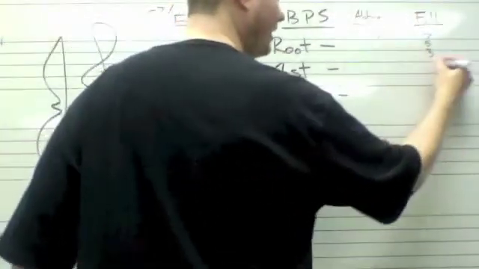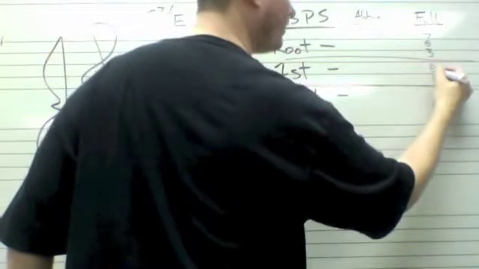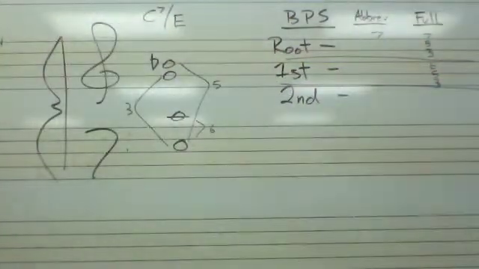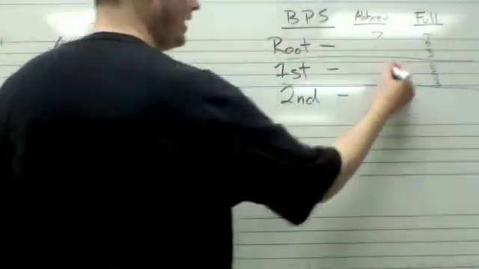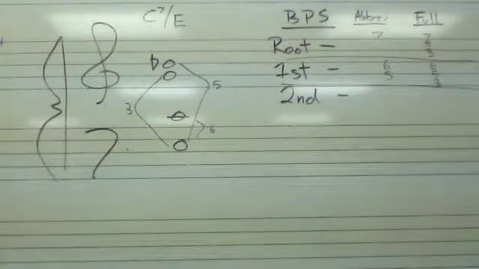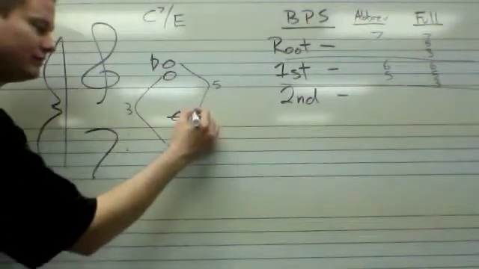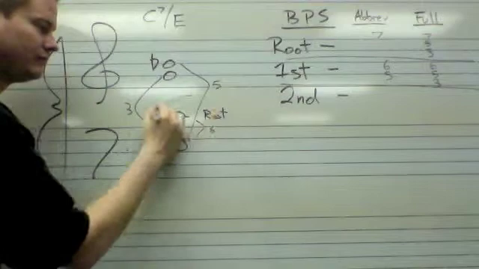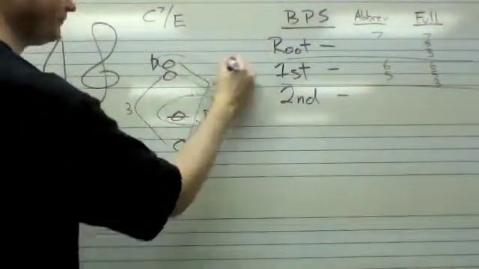So if we put this, I'm going to draw some lines here. If we put the full version over here, we'd have 6, 5, 3. Similar to the root position, but not exactly the same. It's the 6 and the 5 which distinguish this chord, and it happens to be that the 6 and the 5 are the root and the seventh.